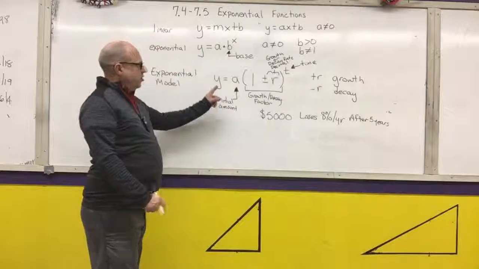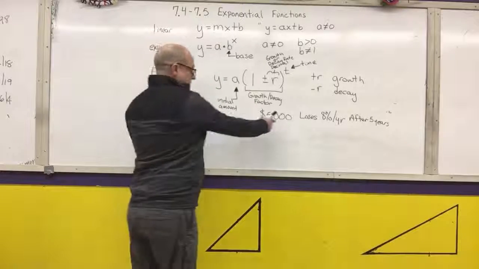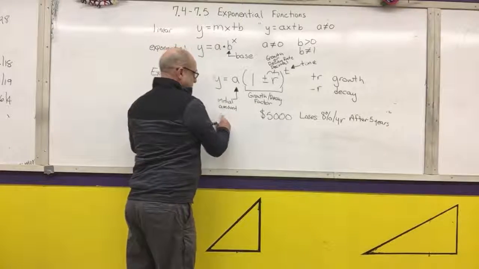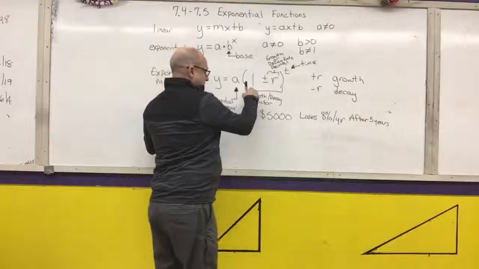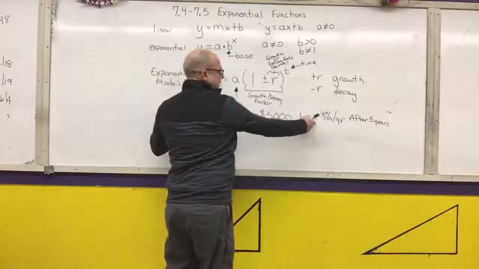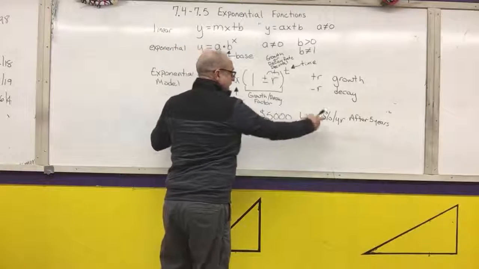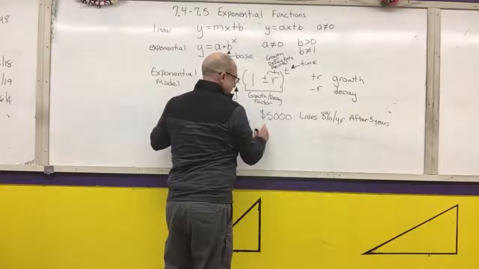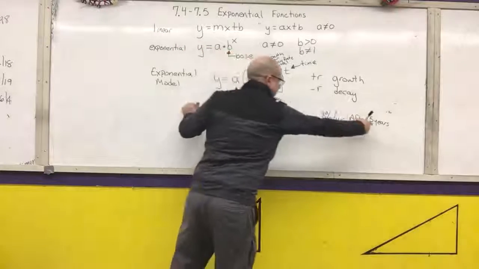So all I'm going to do is stick these numbers into this equation. My initial amount is $5,000. I'm going to write the 1. I'm losing value, so it's decay, so I'm going to put a subtraction. 8% is 0.08. And the number of years is 5.